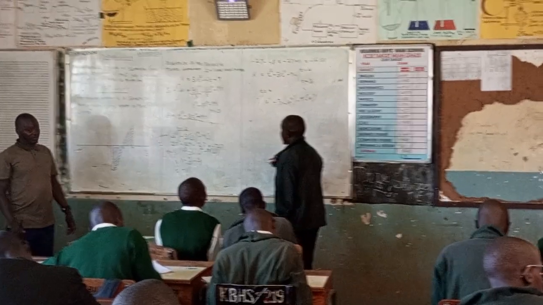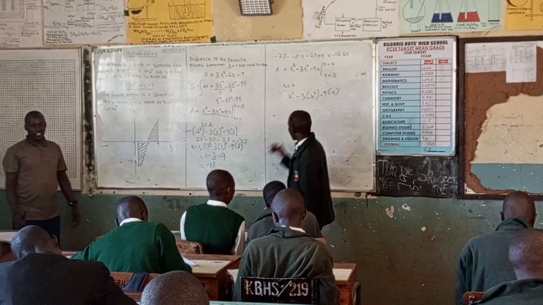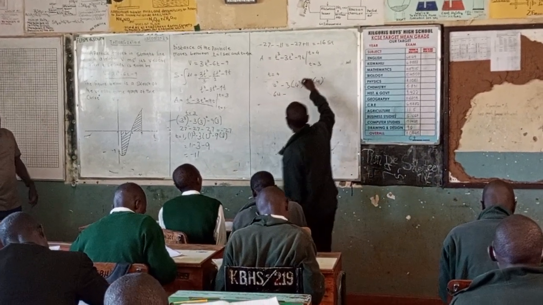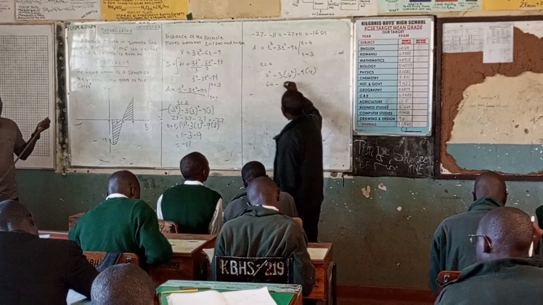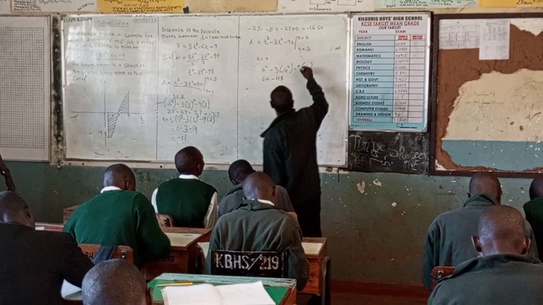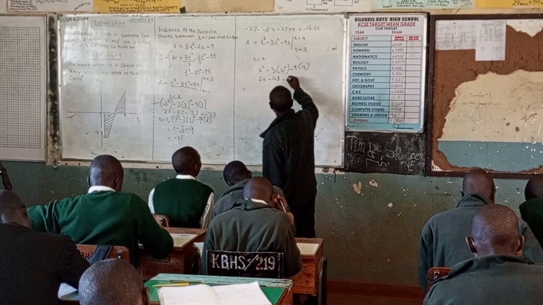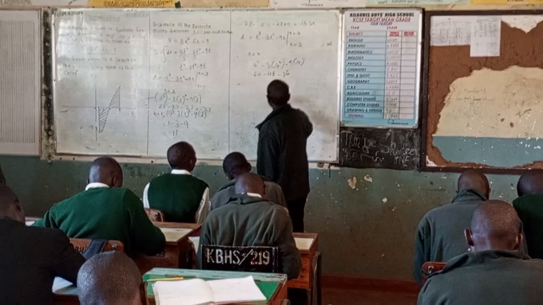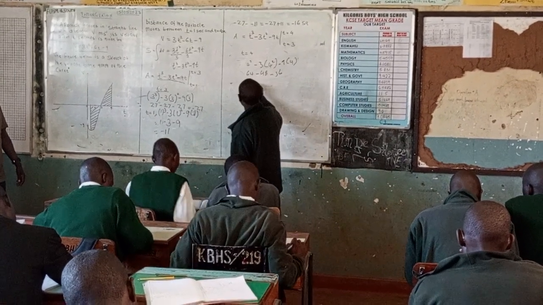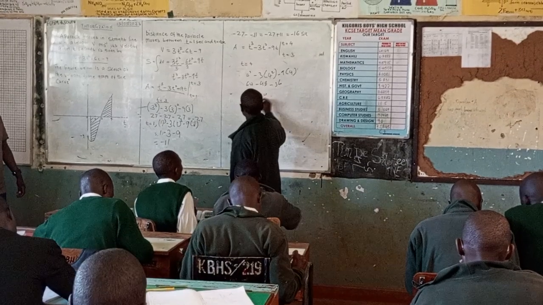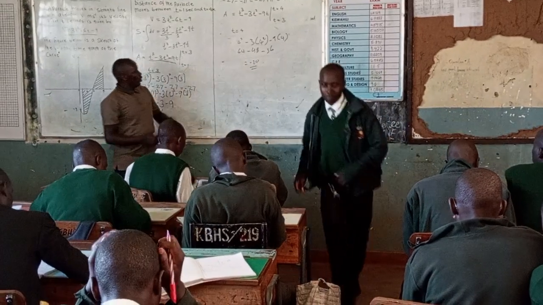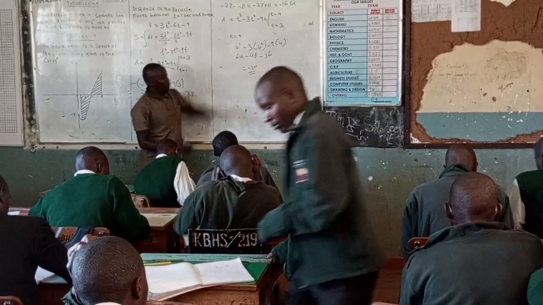So 4 cubed is 64 minus 3 into 4 squared, and then this one minus 6. Is it okay? Yes. Clap for him. So we substitute when it is equal to that one.